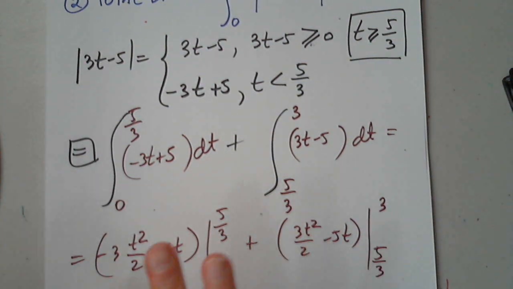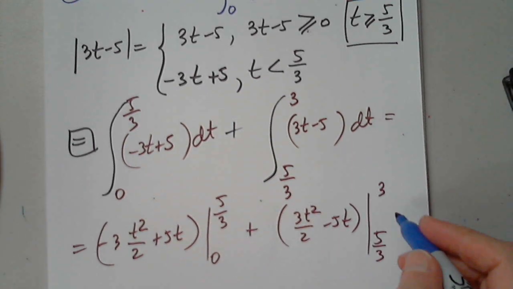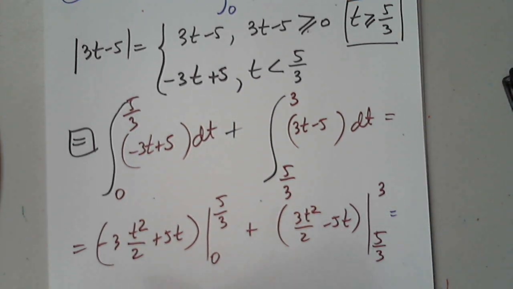So now I plug in 5/3, which is ugly. Negative 3/2 times 5/3 squared, 25 over 9, plus 5 times 5/3, 25 over 3.